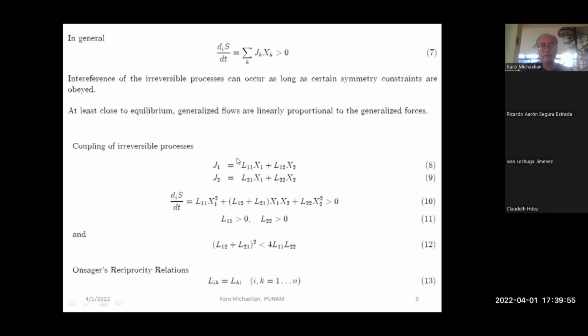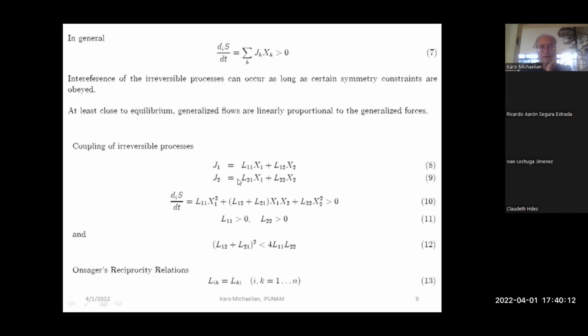And these are just coefficients. They're known as the Onsager coefficients, which are taken as constants in the case of a linear coupling. So this is a linear approximation when we're near to equilibrium. And the same for the second process.